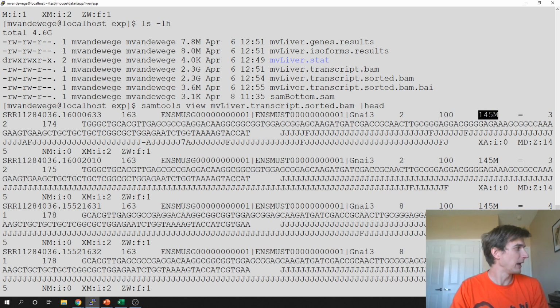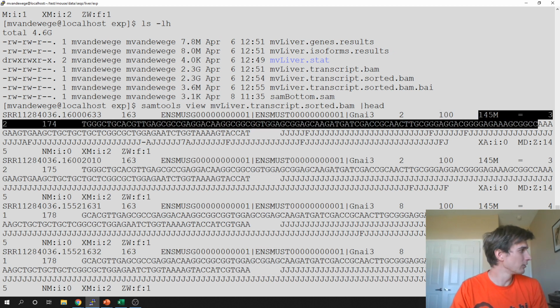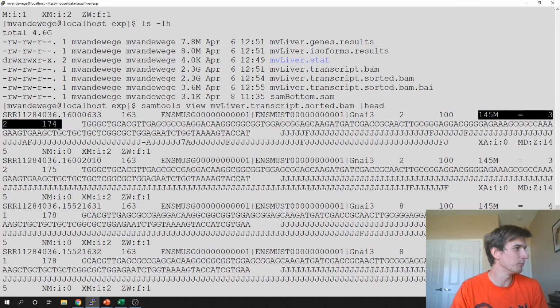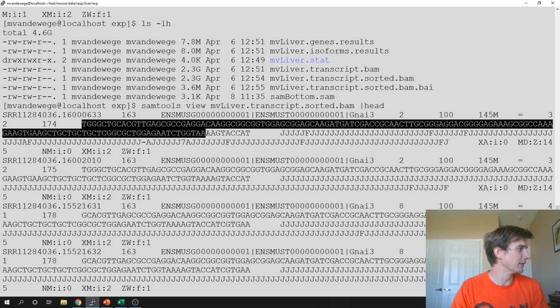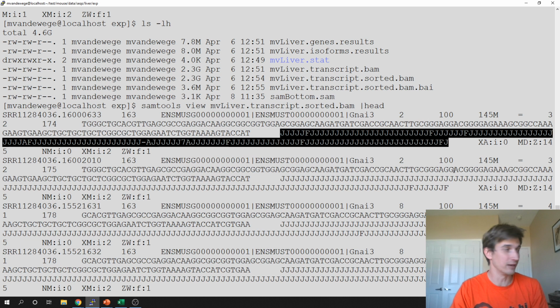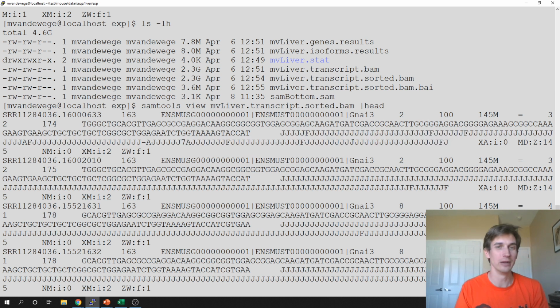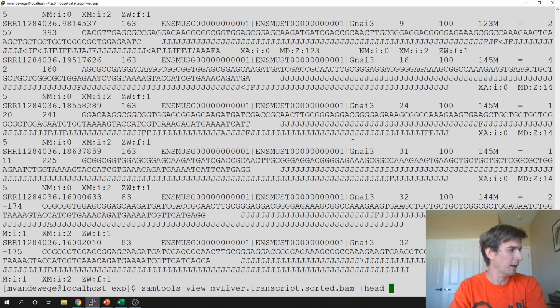A little bit of information, and then after that, it's a little bit of information about how this read mapped, and then the sequence of the read itself, and then the quality of the sequence. So both of these are found in our FASTQs. So all this stuff wraps around.